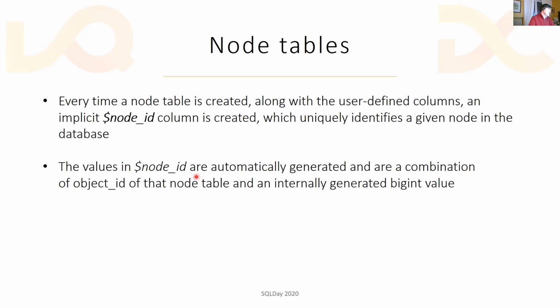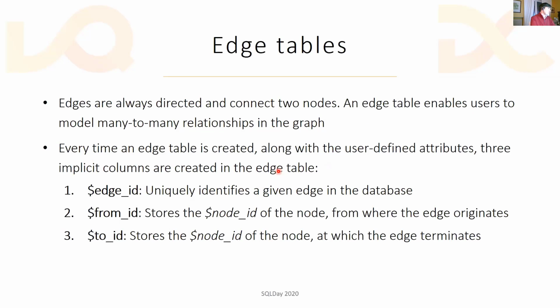And these node IDs are automatically generated by the database itself, but this is the key for creating relationships, for directing the relationships inside the edges, because an edge is always directed and connects two nodes. So we have a start point and an end point.